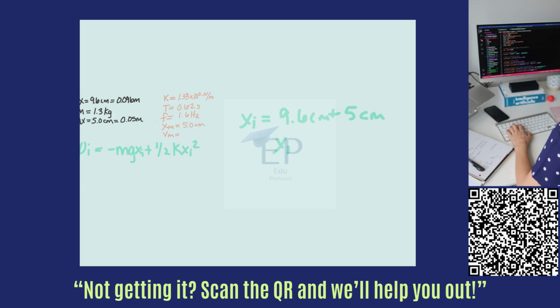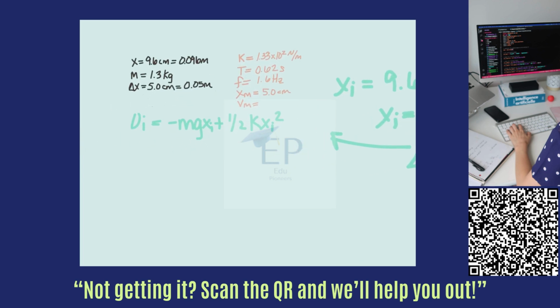So our initial position before the oscillations began is going to be 14.6 centimeters, or 0.146 meters. This is the value we're going to be using in this equation, because that is the initial position.